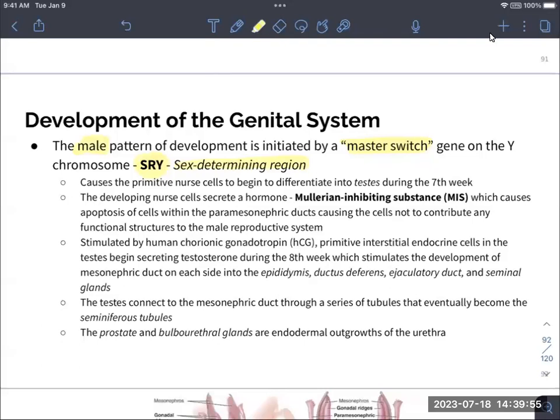If the SRY is present, it stimulates the growth of the male reproductive system: the epididymis, ductus deferens, ejaculatory duct, seminal glands, seminiferous tubules, the prostate, and the bulbourethral glands. All of these start to develop with the SRY found on the Y chromosome.